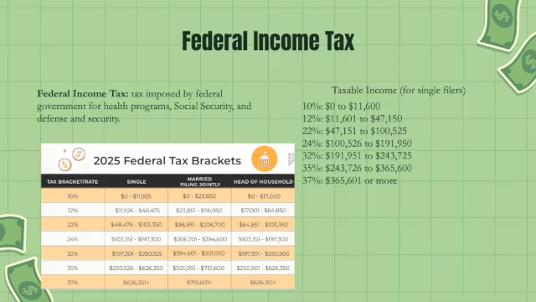Next up is federal income tax. This is the very basic tax that the average person thinks of when they think of tax. It is just tax collected by the federal government for health programs, social security, defense, and security, and all the basic functions of the government. Essentially, it is the citizens of the country paying money to help the country put its best foot forward.